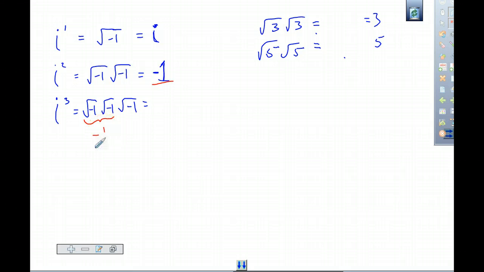So just those two equal negative 1. And what is the square root of negative 1? i. It's a little lonely square root of negative 1, which is just i. What is negative 1 times i? Negative i. It's like if you had negative 1 times x, that would be negative x.